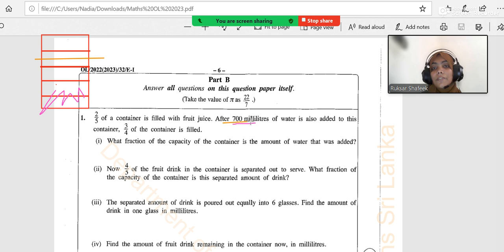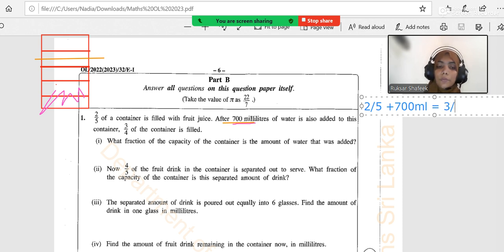After 700 milliliters of water is added to this container, 3/4 of the container is filled. So if I'm writing that down, we had 2/5 there, and then when I add 700 milliliters, now the fraction is becoming 3/4, right? That is the data that I've got so far.